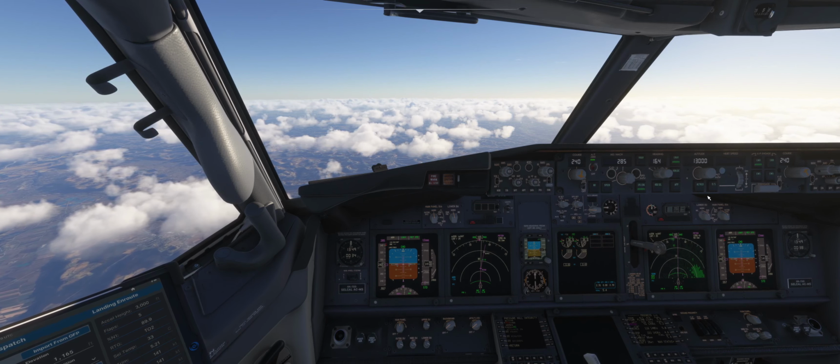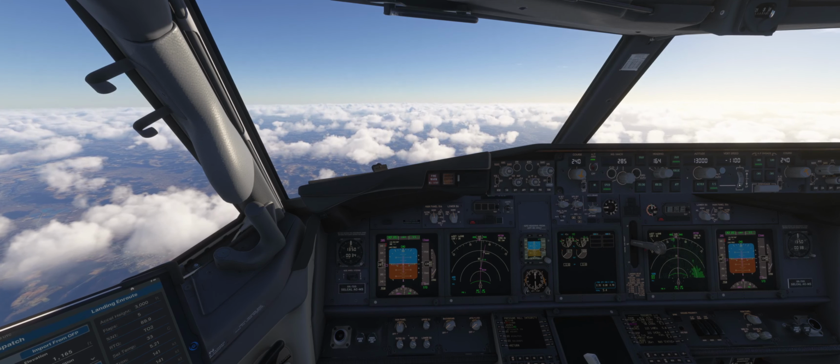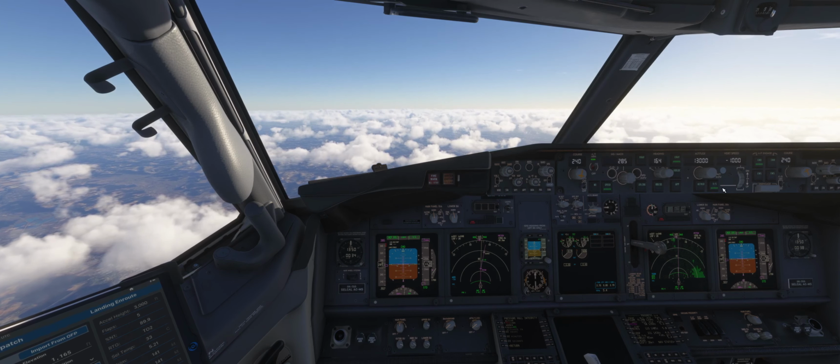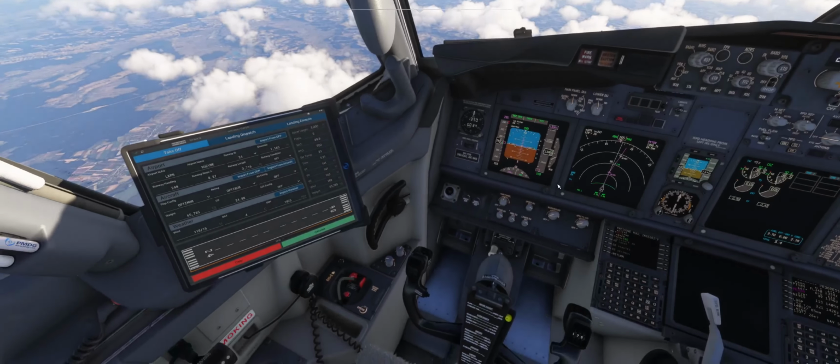Stowing the speed brakes, vertical speed 1000 feet per minute. And now I will explain something here.